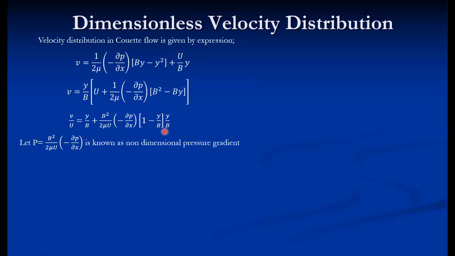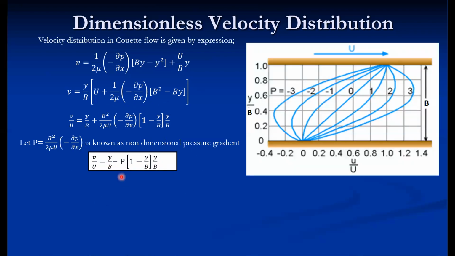This term we know is a dimensionless term, so obviously this is also dimensionless. So we call this particular term capital P, that is called the non-dimensional pressure gradient. So by substituting the value, we come to this equation, which is also called the non-dimensional velocity distribution.